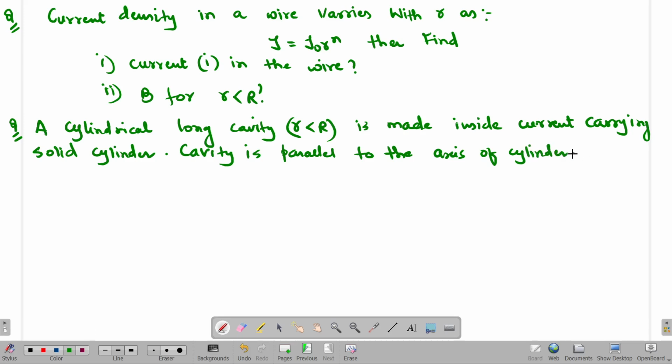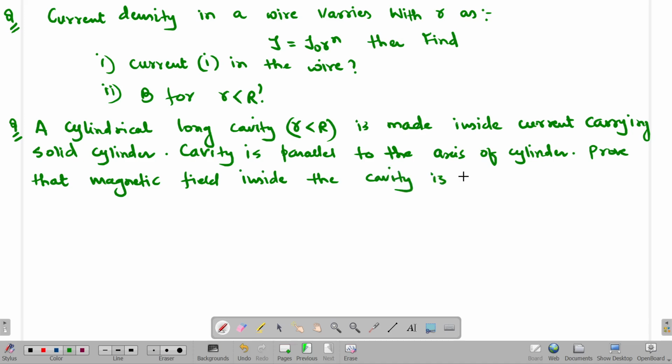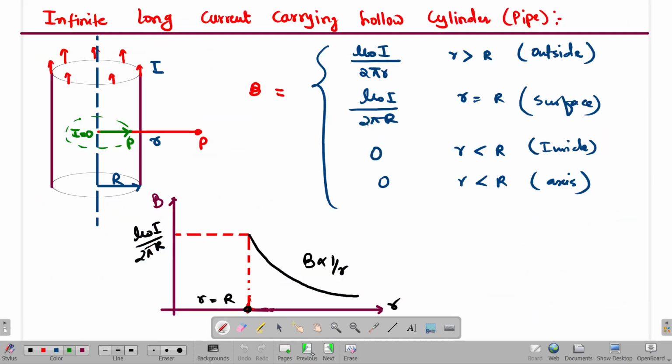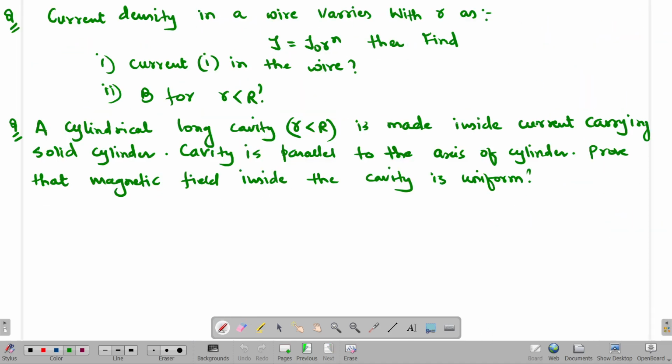Prove that the magnetic field inside the cavity is uniform. Okay? So two questions only, which we will try, and show me if it is correct or not. And then I'll solve your doubts and I'll share it. Okay?